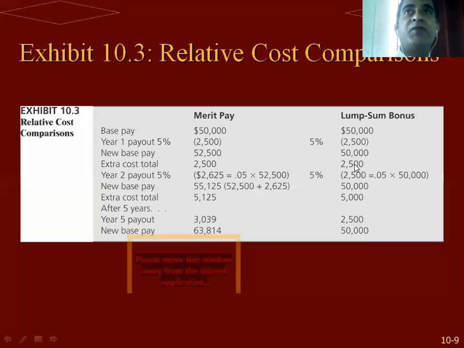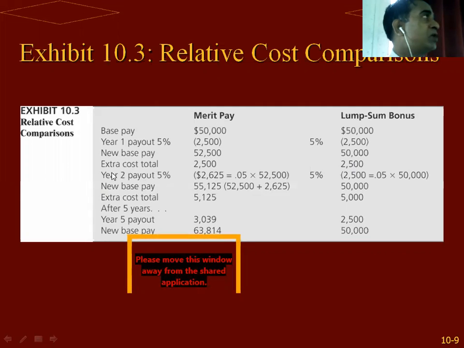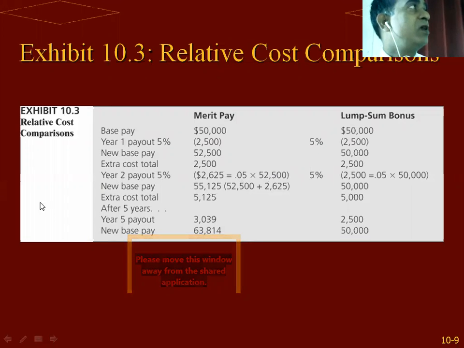But see, over a period of time, second year, third year, fourth year, how merit pay becomes more expensive. Year 2, payout, let us say 5% again. Now it is $2,625, 5% of the new base pay 52,500.